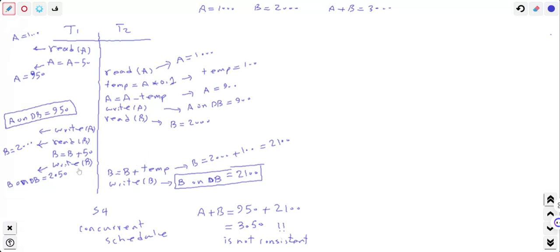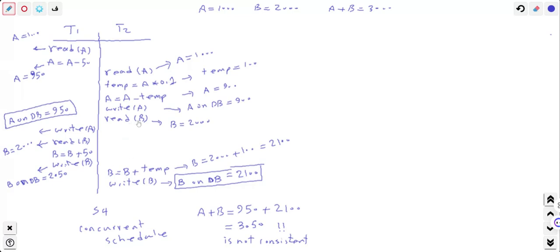If a transaction writes on the database, the other transaction does not know about that change, unless it goes and reads the database. If we read the database, we see the change. But if we do not read the database, we do not see the change.